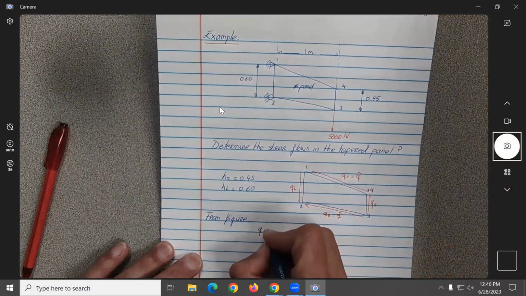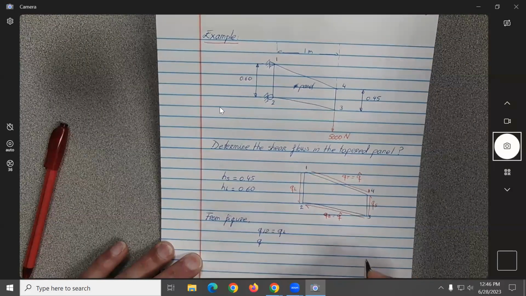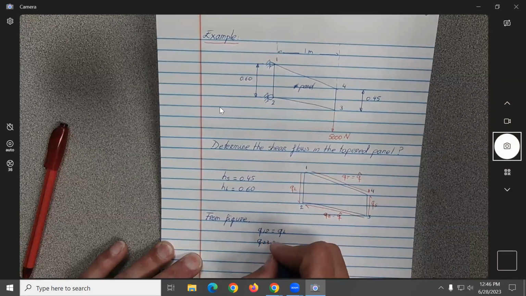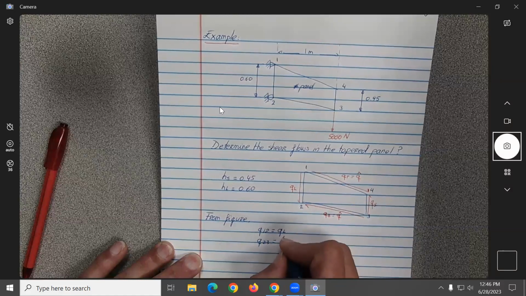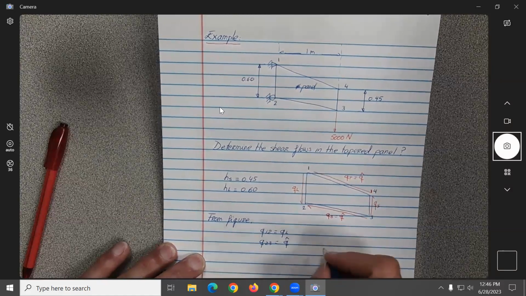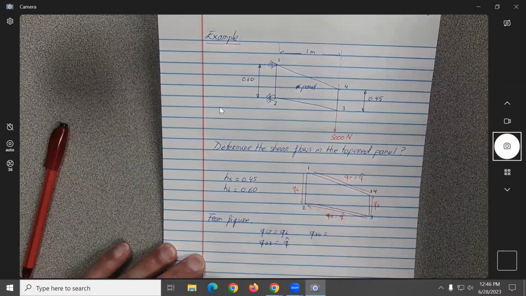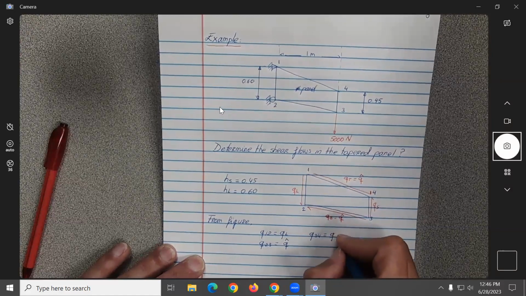Q12 will be Q long, Q23 will be equal to Q hat. Q34 will be our Q short.